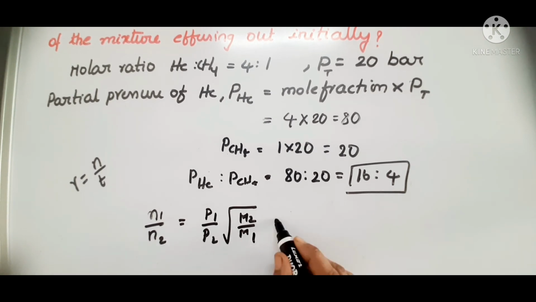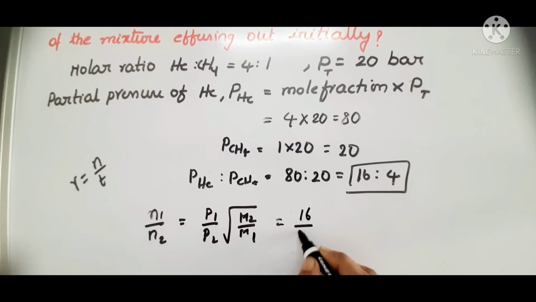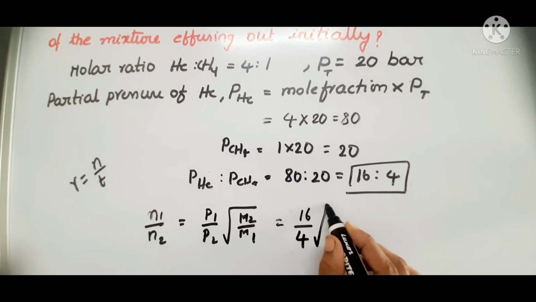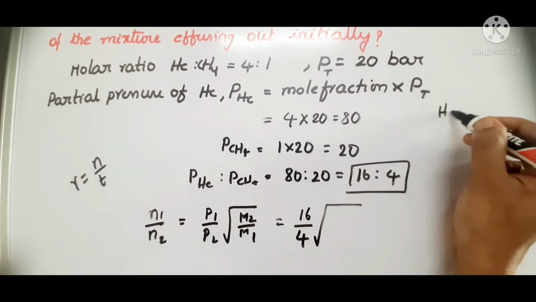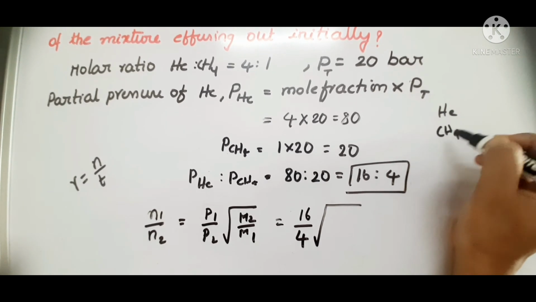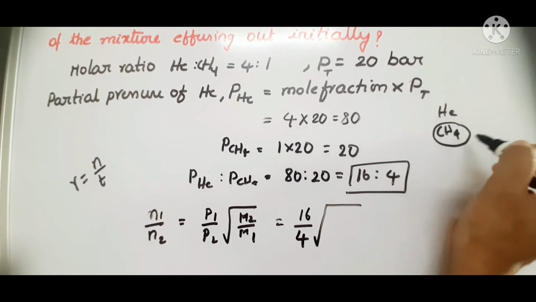N1 by N2 equal to 16 by 4 into square root of M2 by M1. What is M2? What is the first gas? Assume that helium is the first gas and CH4 is the second gas. M2 equal to molecular mass of CH4.